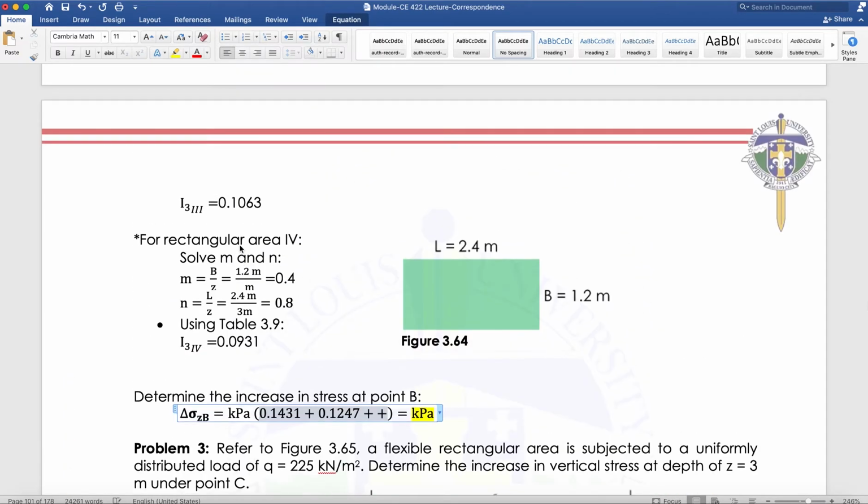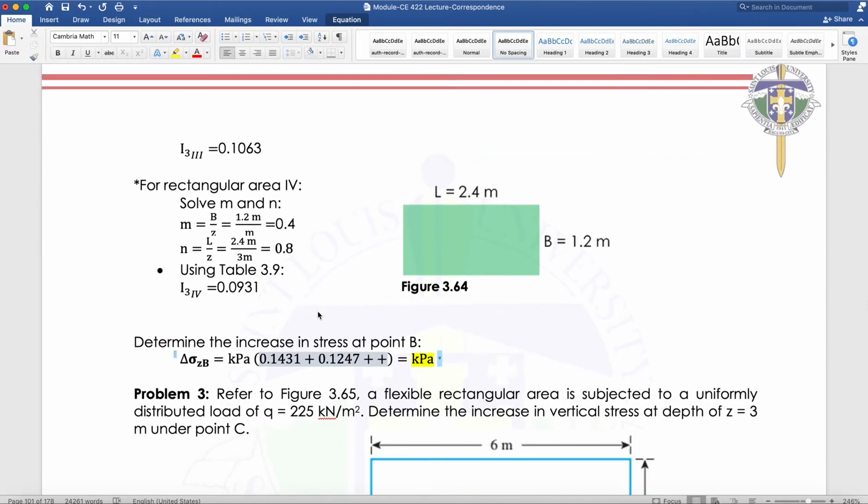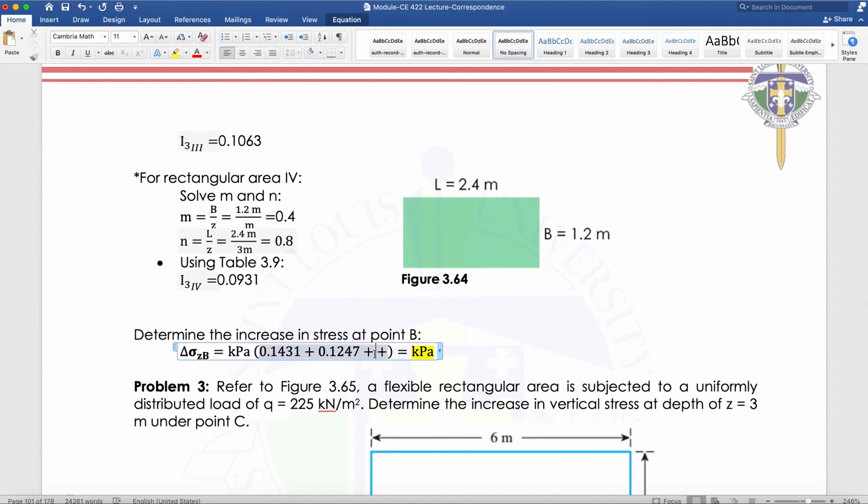Next, we have I3 of the third, 0.1063. And lastly, we have 0.0931.